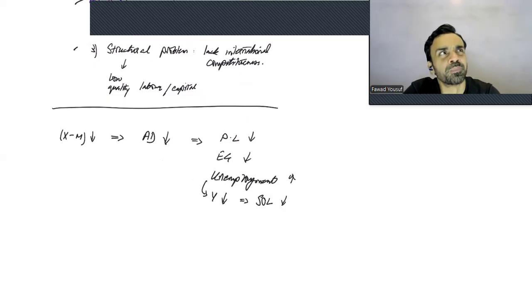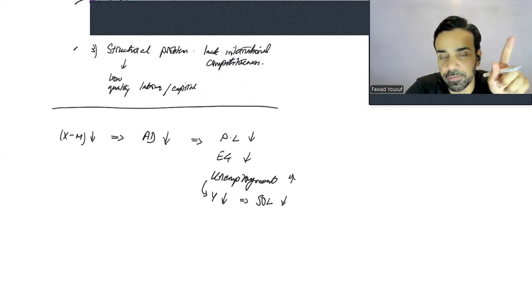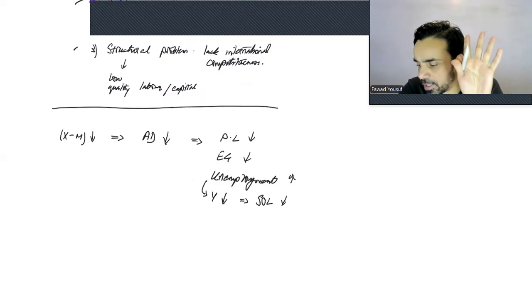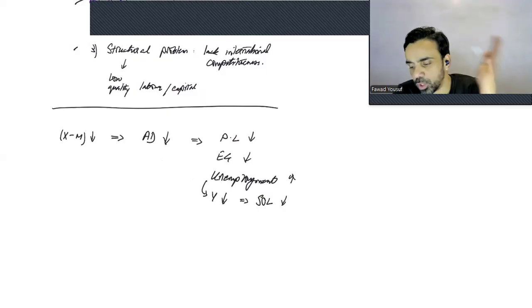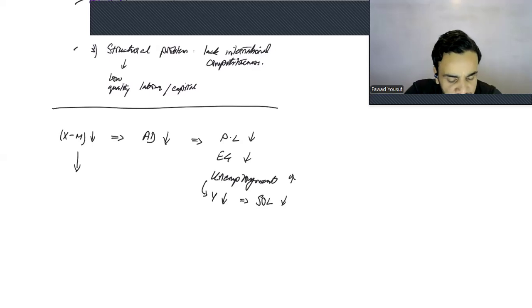Overall, if we have a persistent deficit, one thing to remember is this is a current account deficit. It's not a balance of payment deficit. Usually, I think it would not be wrong to say that when we experience a deficit in the current account, in your balance of payment, we don't have money.